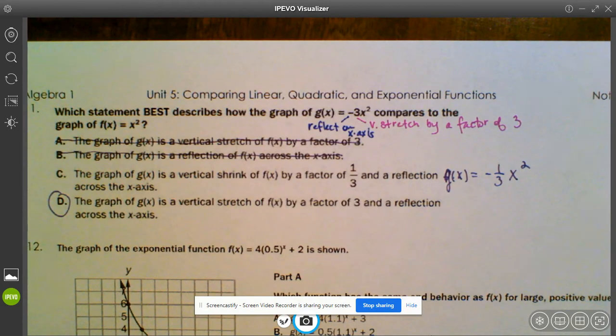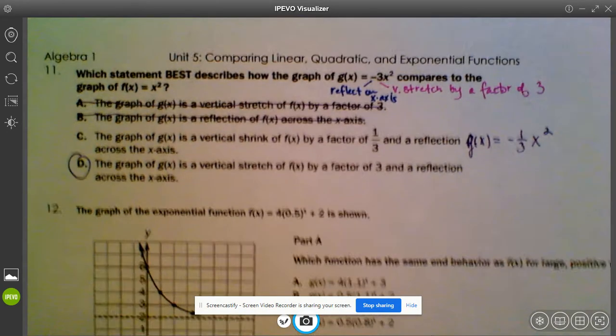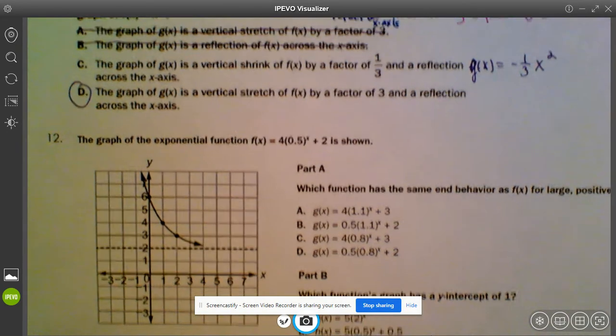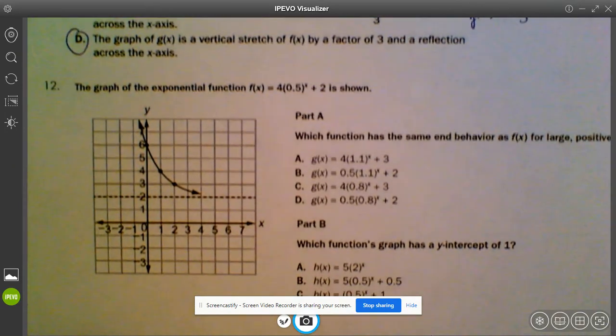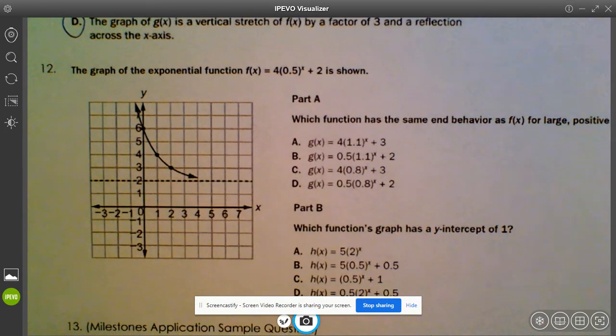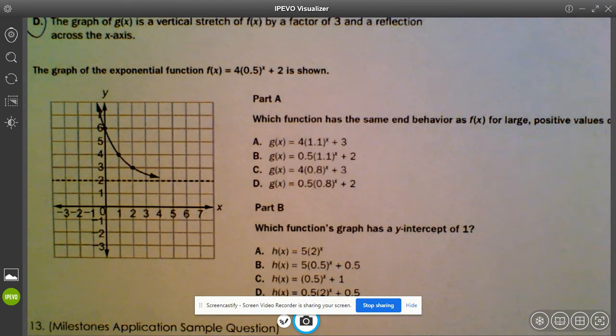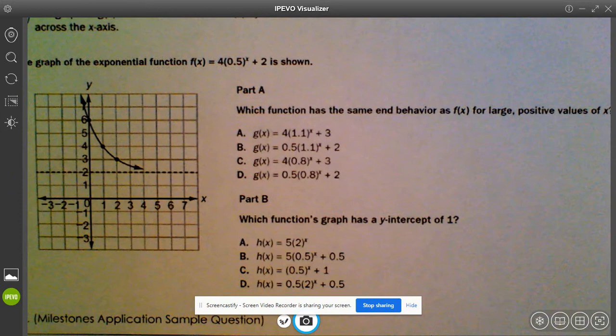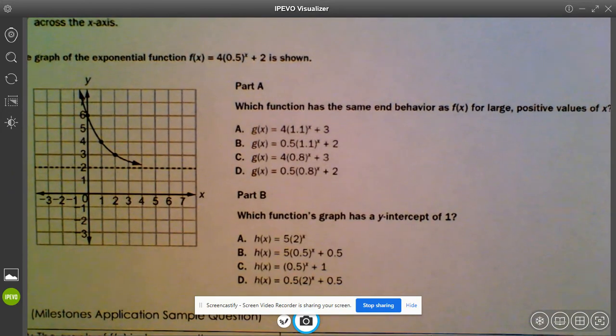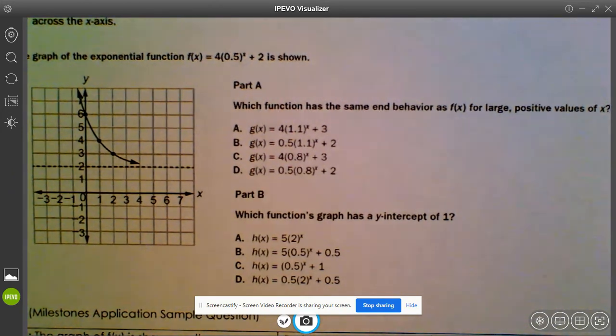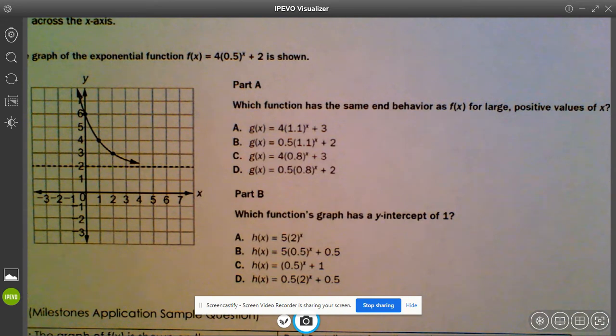All right, number 12. The graph of the exponential function f of x equals 4 times 0.5 to the x plus 2 is shown. Which function has the same end behavior? All right, let me readjust this so that I'm not talking while I'm moving. Which one has the same behavior for positive values of x?